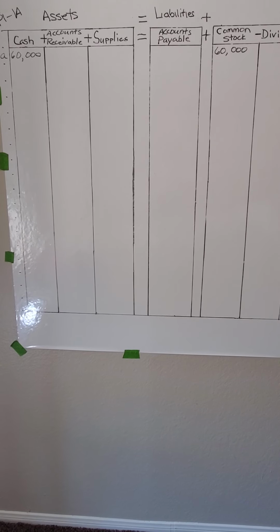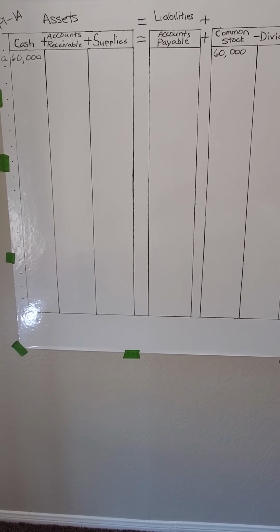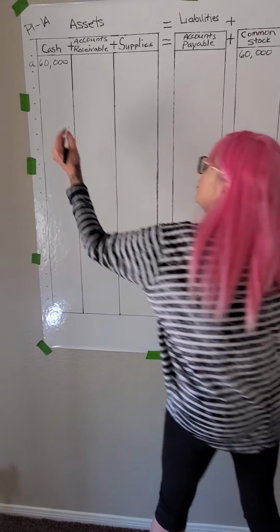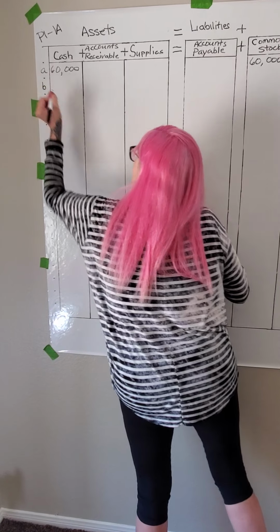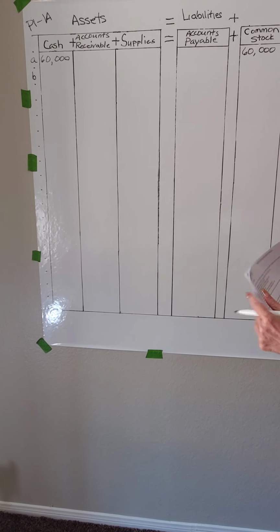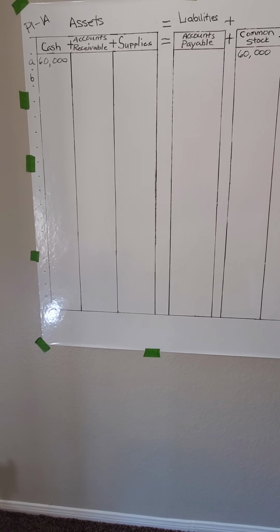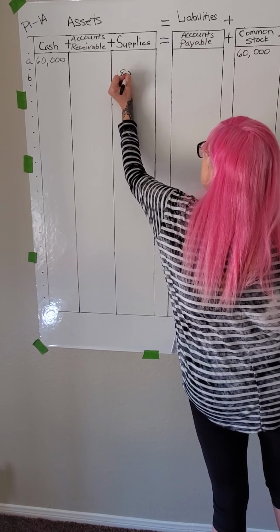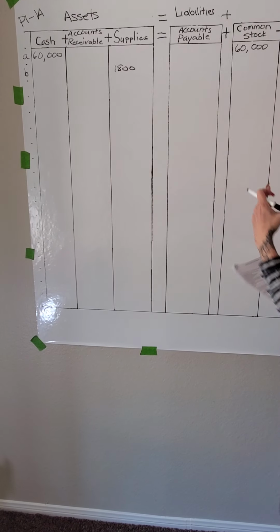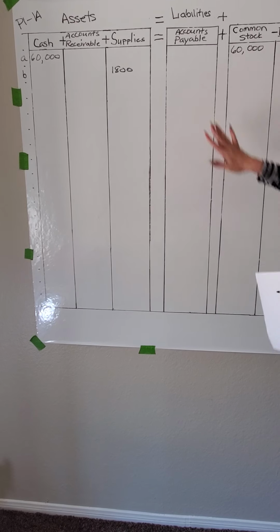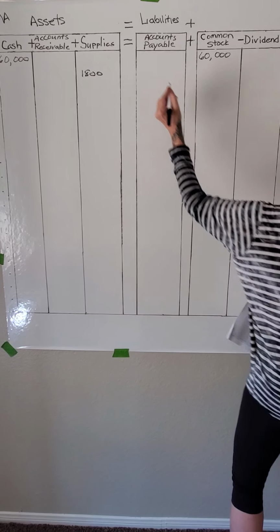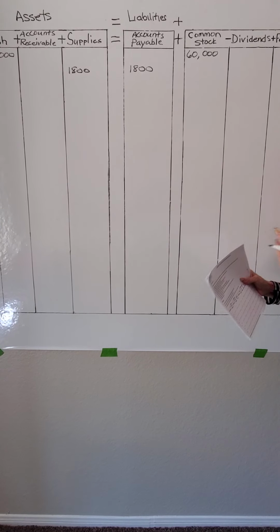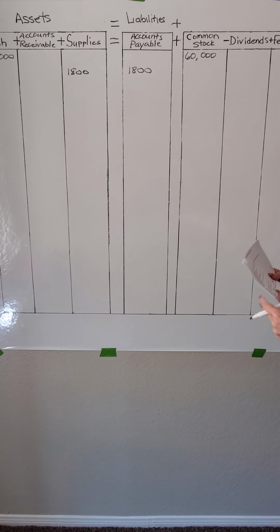The next one we're going to look at is we purchased office supplies on account for $1,800. What did the company receive? The company received $1,800 in supplies in exchange for their promise to pay, which would be an accounts payable. If it's a payable, it means that our company owes items that need to be paid.